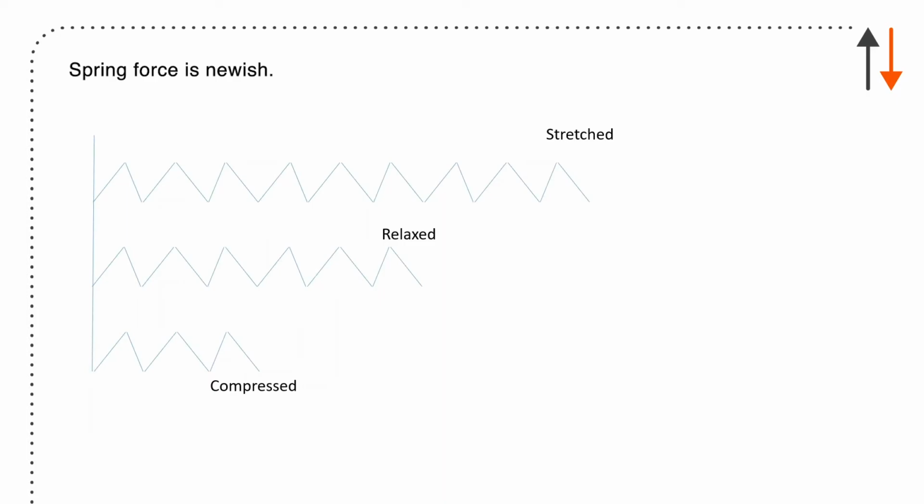You have spring force, which is kind of a newish term. So if I have a relaxed spring and I stretch it, or compress it by the same distance, and delta x in both cases is exactly the same, I will have a force that's opposing the direction of motion.